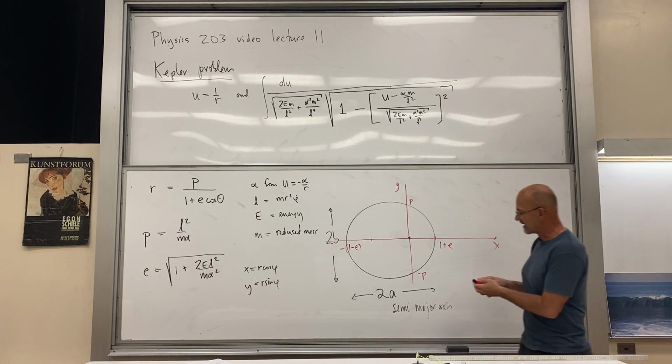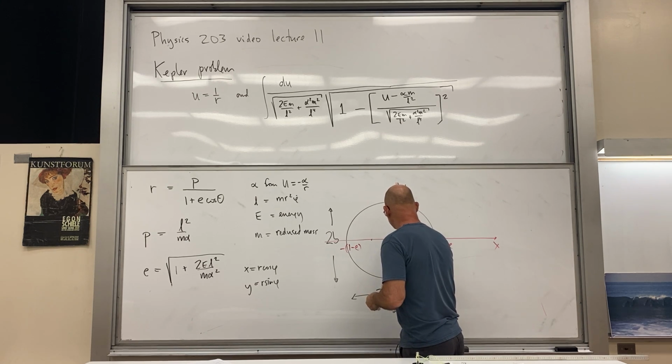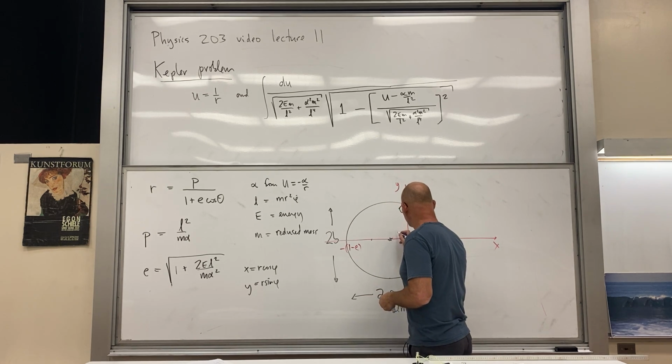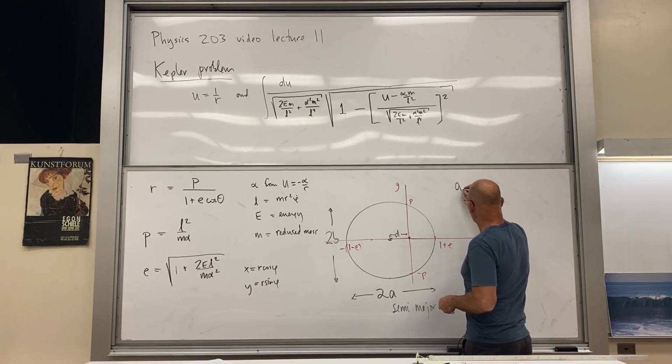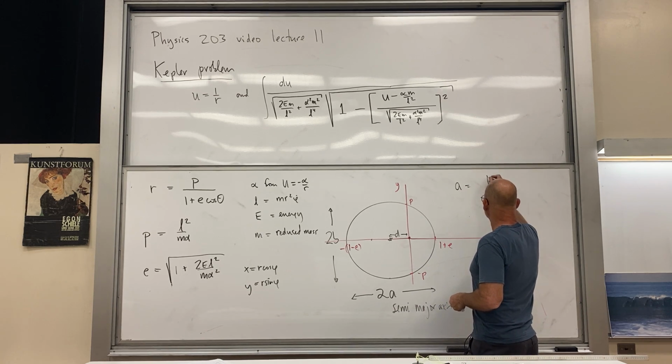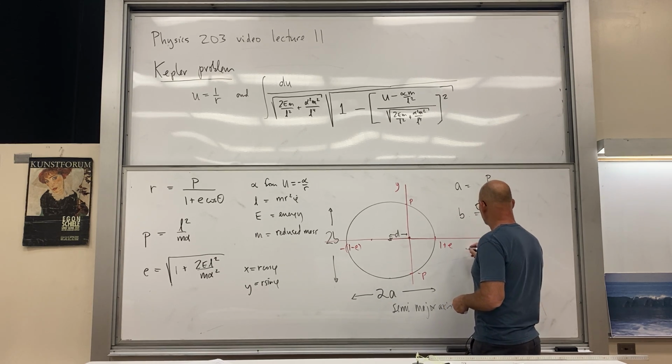And let's see what we had. Important to us was the geometrical center here. And we found that A was equal to P over 1 minus E squared. B was equal to P over root 1 minus E squared.